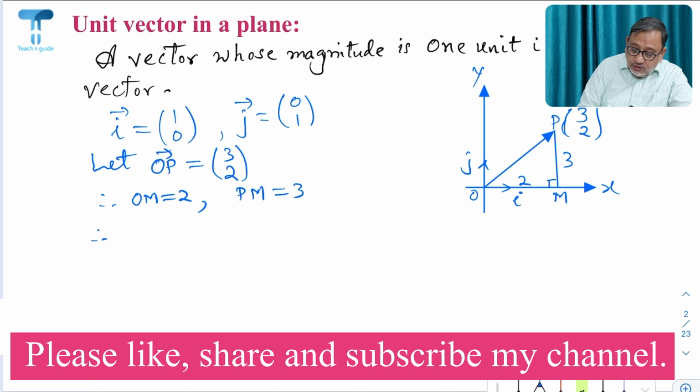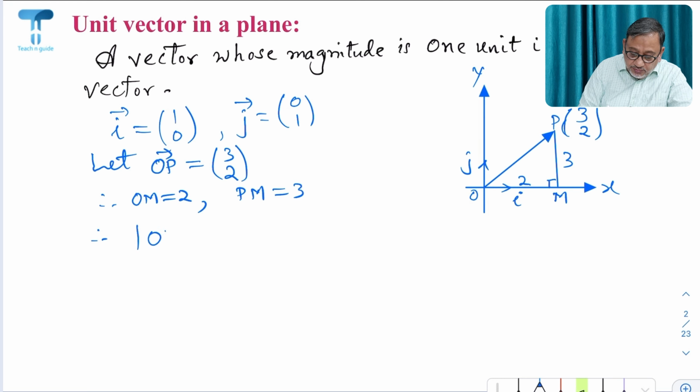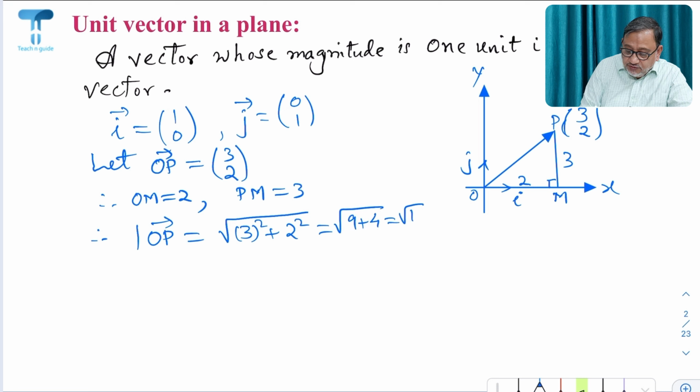Therefore if you have to find the magnitude of OP, you will write square root of 3 square. We have already learned how to find the magnitude. Please revise all those things we have done. And 2 square. So 3 square 9 plus 2 square 4 will be square root of 13.